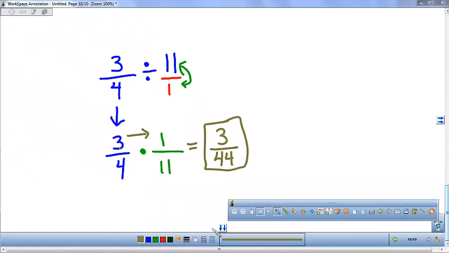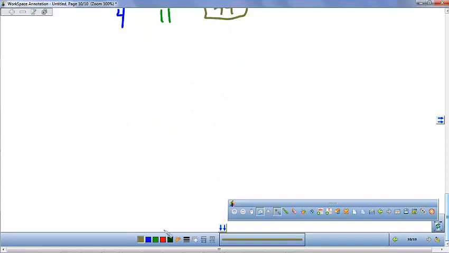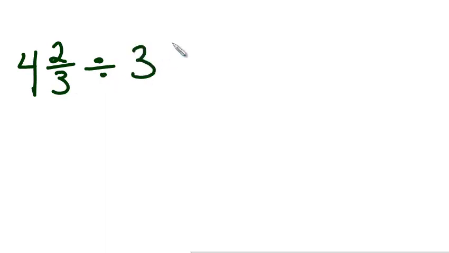Okay, so let's do another one with mixed numbers. So you're going to have to do a lot of changing. So a mixed number, if you have 4 2/3 divided by 3 1/9. So what you have to do is, these are mixed, so you need to change them to improper.